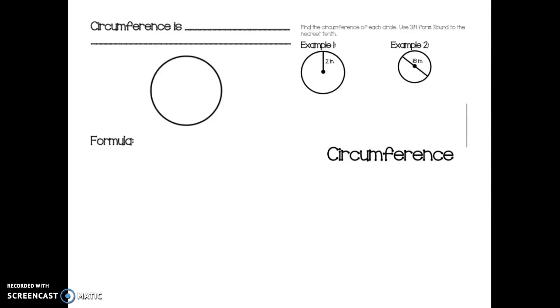The circumference, this is just for your notes, is the distance around the circle. It's like the perimeter of the circle. If we were measuring this, it would be in centimeters or inches, miles. It is one dimension. It is this distance around the edge of the circle.